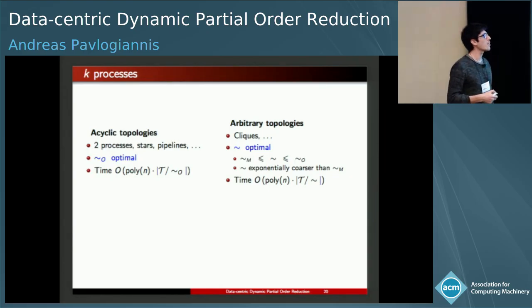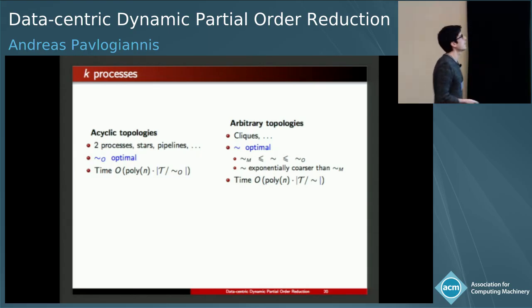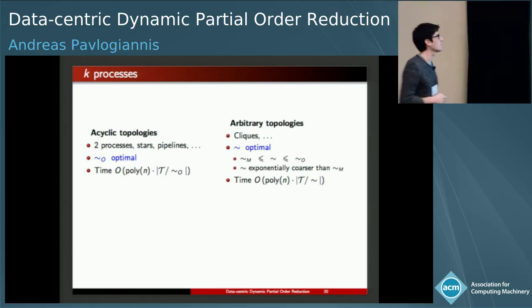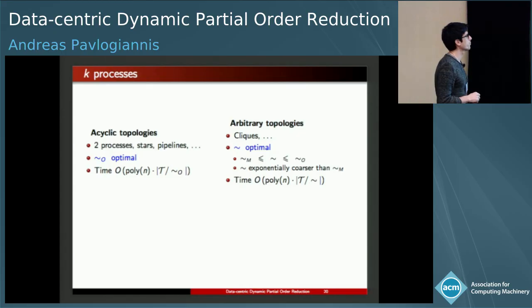And the time required for covering the whole space is again given by a similar expression, polynomial in the input times the size of this new partitioning, right? Unfortunately, I don't have enough time to tell you how we do this. Maybe you can ask me afterwards, or we discuss it offline.